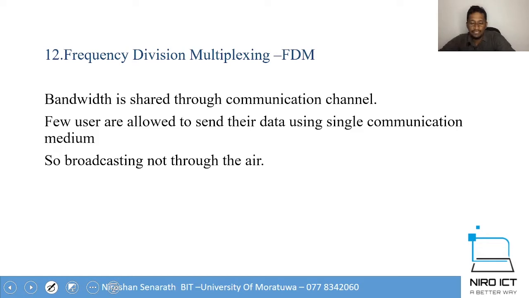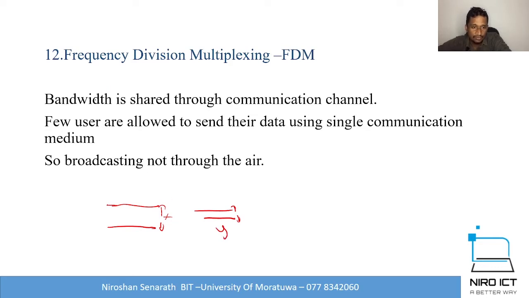Here, what is FDM or frequency division multiplexing with analog signals? Here the bandwidth, you know, the bandwidth is the width of the pipe, right? It is changing. The bandwidth is like this, a width of the pipe, and this is X, and if this is Y, then X's bandwidth is higher than Y's bandwidth.